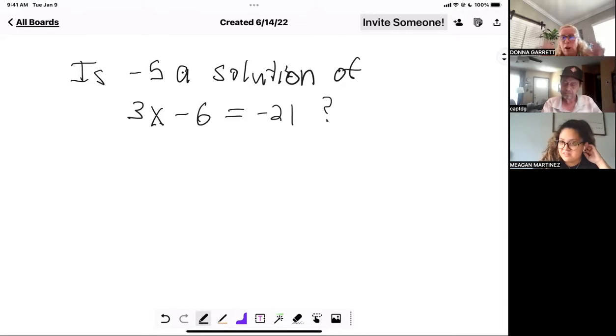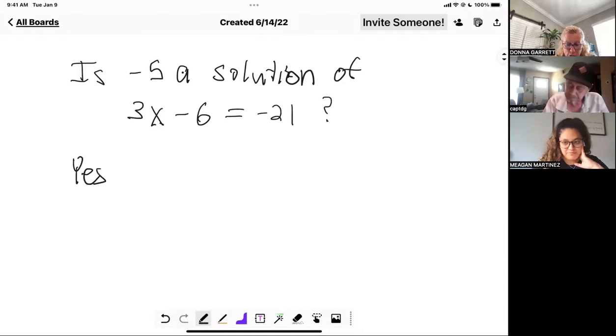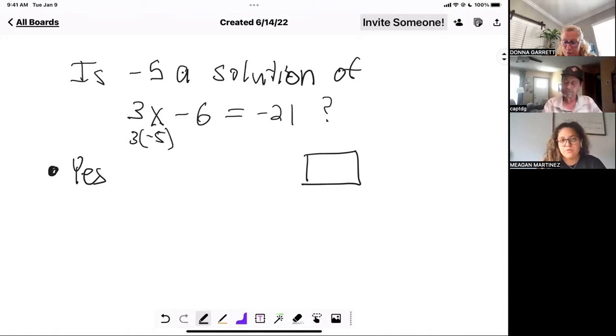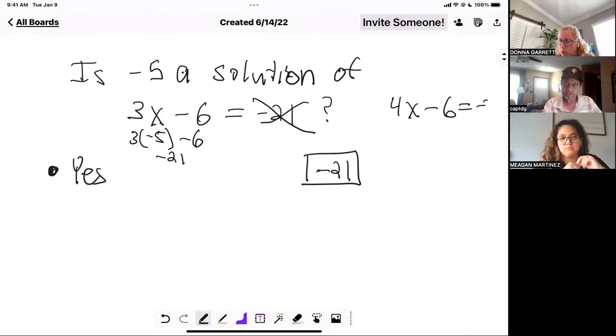Okay, so what that whole box thing is saying is you're going to say yes, it's a solution. And then in that box, you're going to say what answer you got. When you put -5 in, you got -21. That's all you got to do. Let's say I change this and I make it 4x minus 6 equals -21.